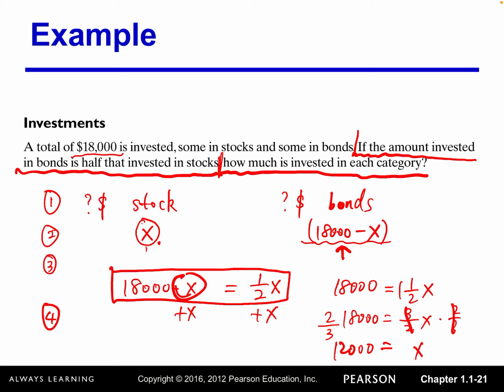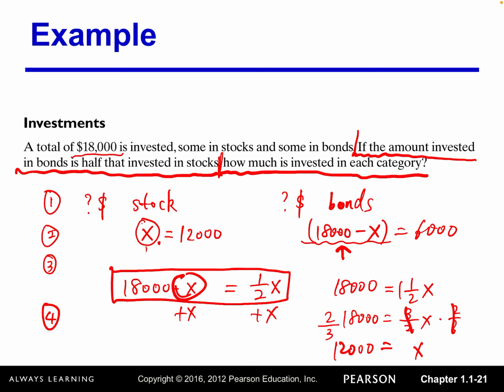So X represents the amount of money invested in stock, and then how much is invested in the bonds? 18,000 minus 12,000 equals 6,000, right? And then we can answer the question.